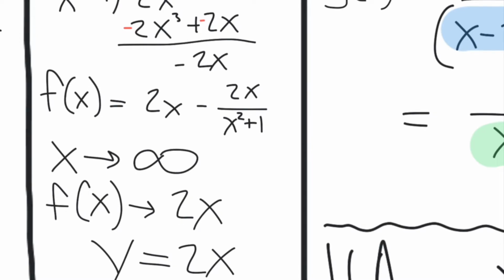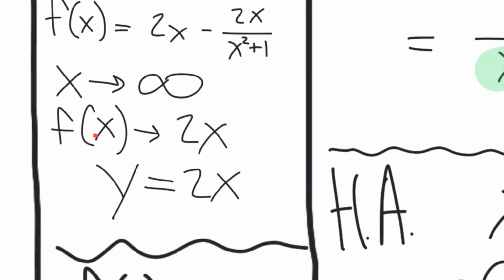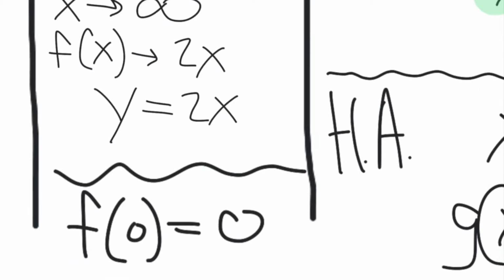As x approaches positive or negative infinity, this term is going to vanish, go to zero, as close to zero as you want. So f of x is approaching the oblique asymptote y equals 2x as x approaches infinity.